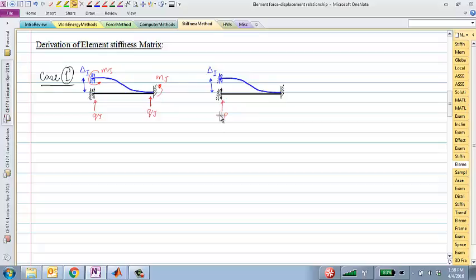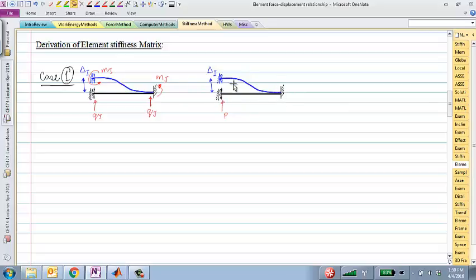But before we do that, is this structure determinate or indeterminate? Frederick? Indeterminate. Why? Because one end is fixed. The simplest determinate structure would be a cantilever beam with one end fixed.